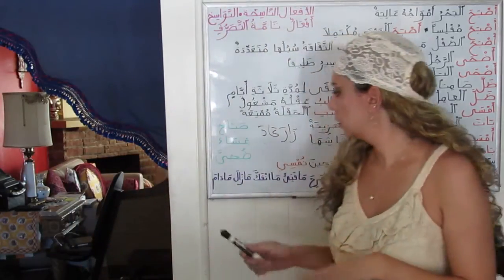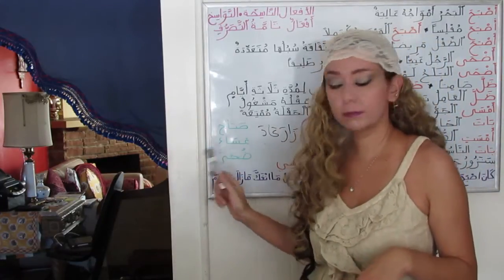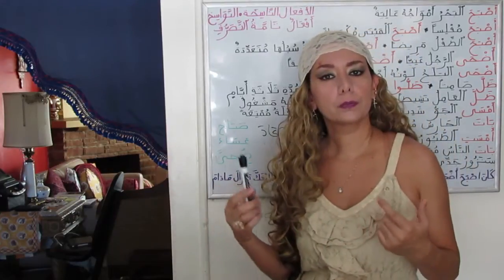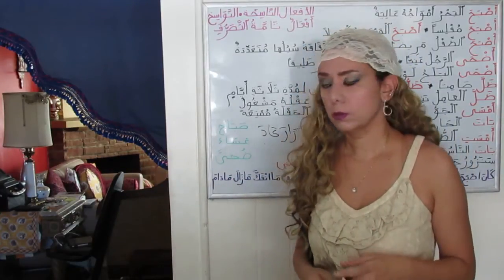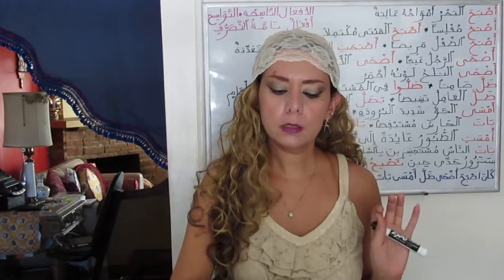ضحى. ضحى. It comes with a tanween. Interesting. Even if this is a long vowel. ضحى. But when it is definite, we just get rid of the tanween. الضحى. So ضحى means forenoon, later in the morning.